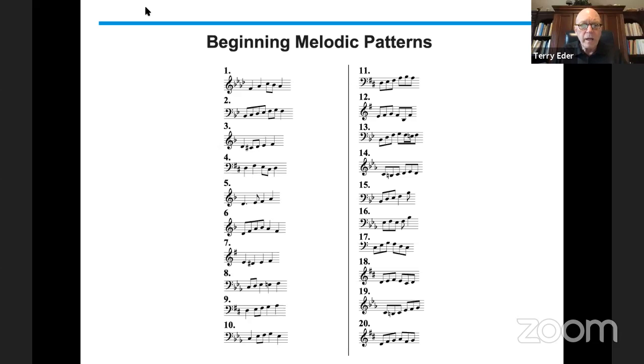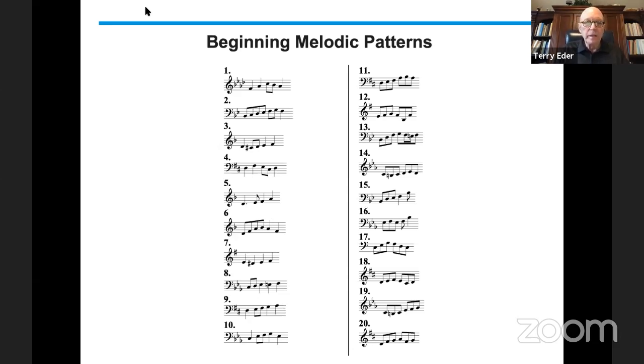Number 3, we're in D minor, treble clef. Do, ti, do, re, me, la, si, la, ti, do. Okay, whichever you like will work, okay? Here's D major in bass clef. Oh, wow, that's the wrong one.